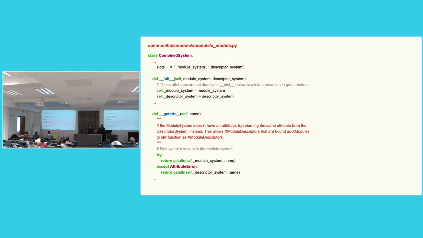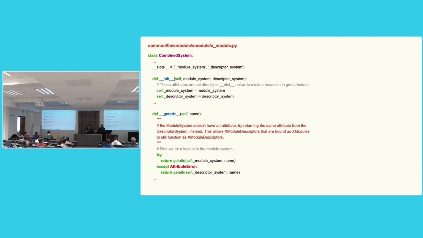Right, so the descriptor system was instantiated at the beginning, just as we saw. And then the module system was instantiated as a part of this instantiation, which led us to the combined system, which was actually a wrapper for both of them.